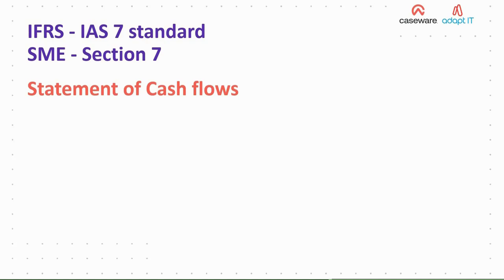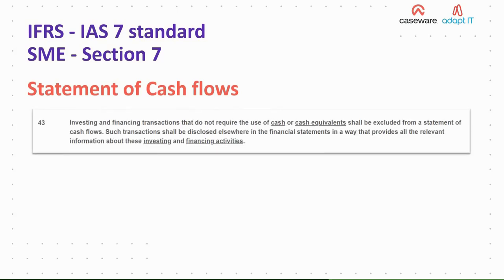To set the background on the reasons behind creating the cash flow worksheet in the first place, I refer you to the requirements of IAS 7 and Section 7 of the IFRS for SME. Paragraph 43 of IAS 7 reads as follows: investing and financing activities that do not require the use of cash or cash equivalents shall be excluded from a statement of cash flows.